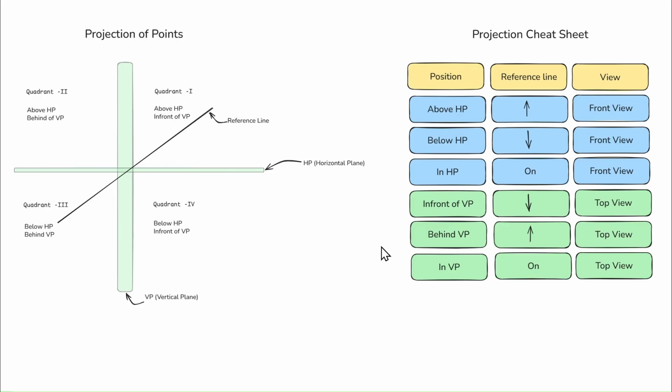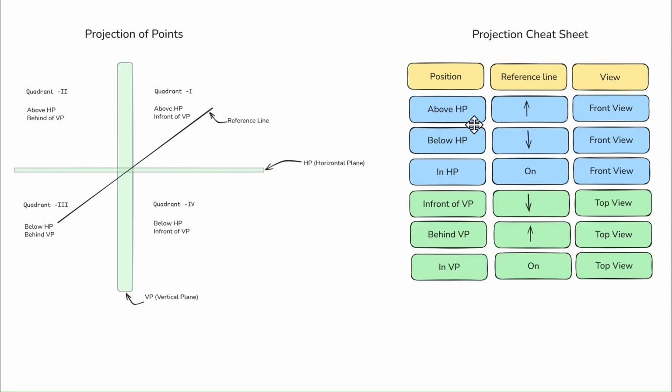These are 3 columns: one is position, another is reference line, and the other is view. We have these scenarios, and we'll be getting a lot of questions regarding these. We'll be solving the questions using this trick. So please pay attention to this. This is going to save you in any question.